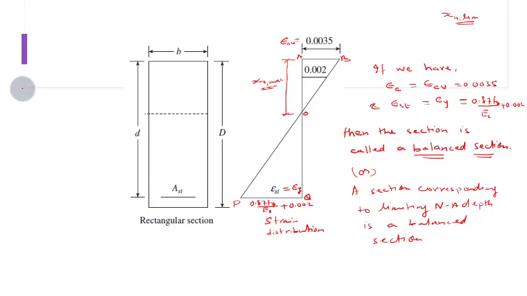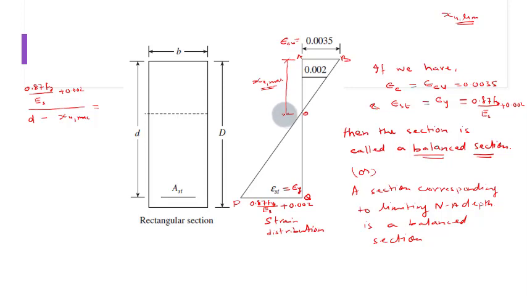So we can write 0.87 Fy by Es plus 0.002 divided by this distance OQ. So OQ is how much? Please see, this is D because the strain is measured at the level of steel. So we have effective term D minus XU max. So this becomes D minus XU max. So this equals how much?